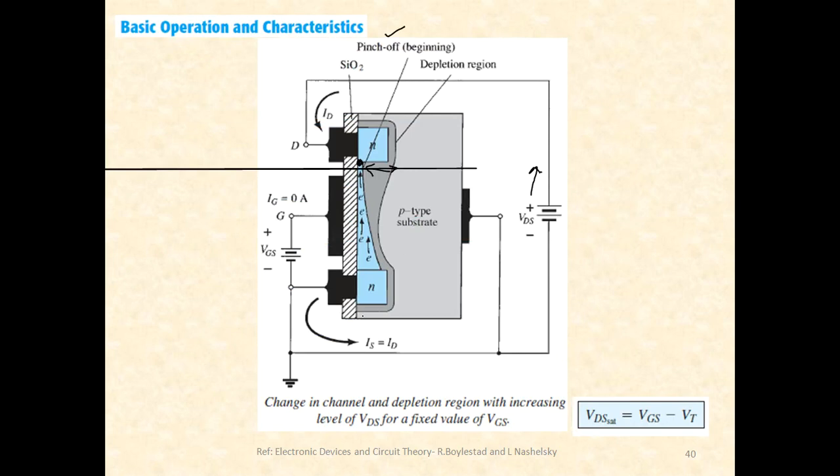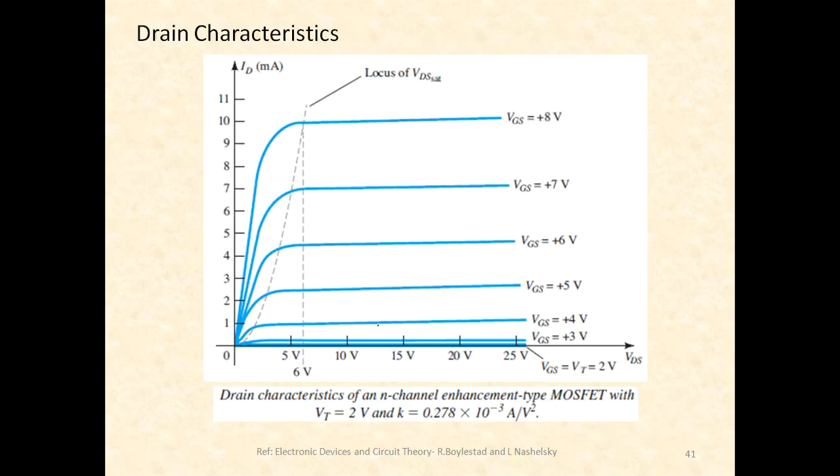One important point here is IS equal to ID. Source current is equal to the drain current. Why? Because gate current is 0. MOSFET is a voltage controlled device. Voltage actually controls the flow of the charges from source to drain. It is not the gate current. Gate current will always be 0 for a voltage controlled device.